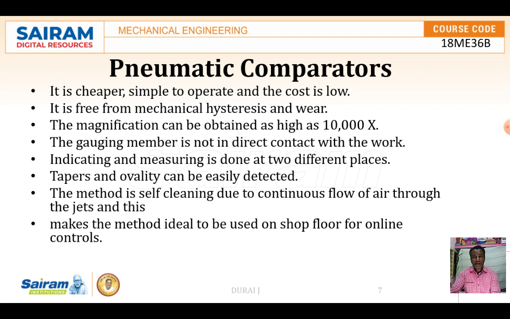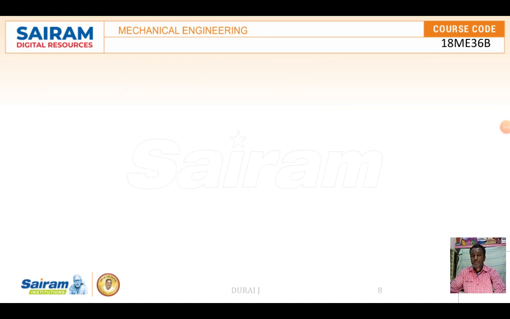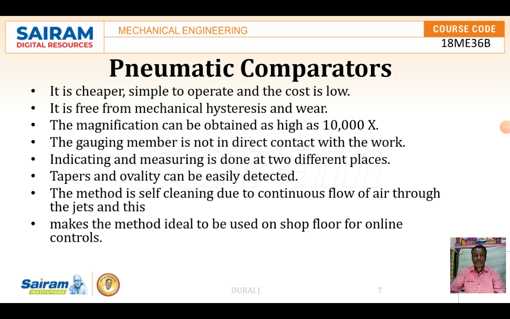It is not in direct contact with the component, so there is no wear and tear, and the accuracy is maintained. And also the ovality and the roundness can be easily checked with the help of this pneumatic comparator. Okay, so this is about the comparator. With that, this module comes to an end.